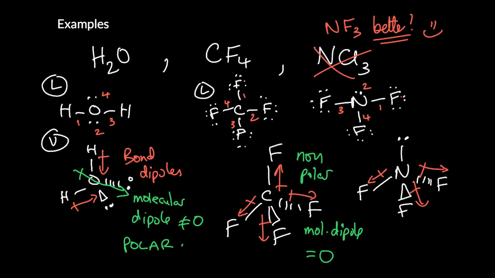Well, they're all pointing from the nitrogen at the top to each one of the 3 corners on the bottom of the triangle, so the overall dipole is going to point directly from the top to a midpoint somewhere between those 3 fluorines. But the key thing is that it's not going to cancel out. The overall dipole is going to be non-zero. And what do we call a molecule with an overall dipole that's non-zero? Yep, the answer is it is a polar molecule. So NF3 would be a polar molecule.